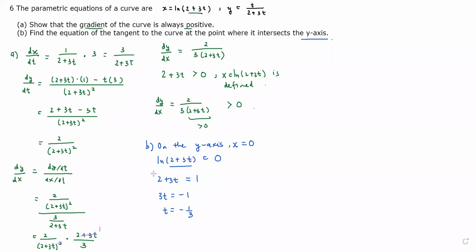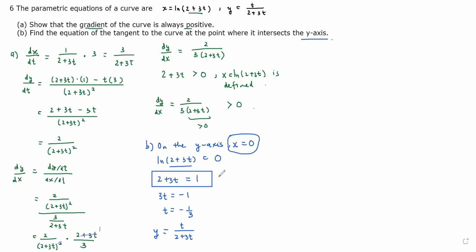Now the key to making your calculation simple is actually this part here. So when t is -1/3, x is 0, and we need to find the y coordinate. y here is given by t over (2 + 3t).